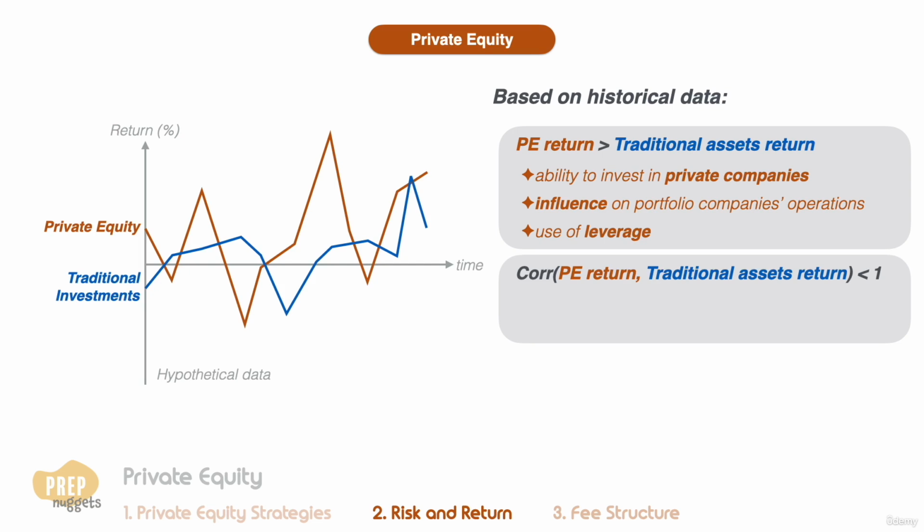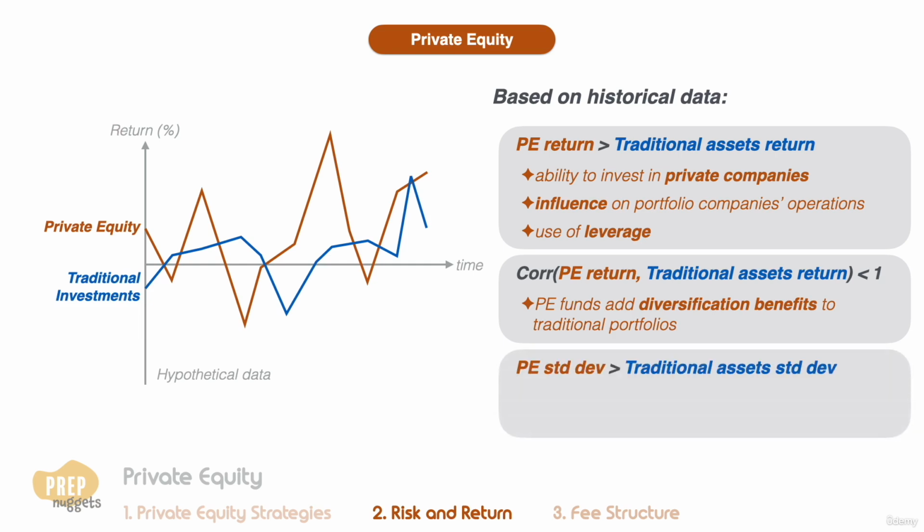So, like most other alternative investments, private equity funds can add diversification benefits to a traditional portfolio. The standard deviation of private equity returns has been higher than the standard deviation of traditional assets returns. This suggests higher risk when investing in private equity.